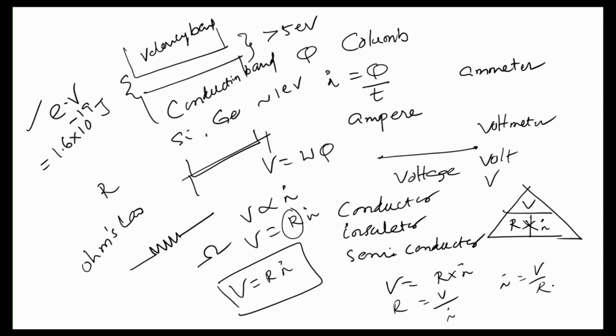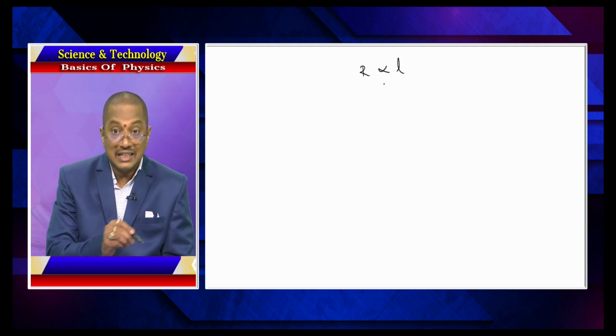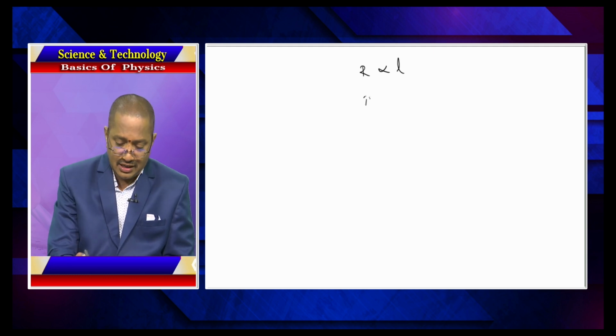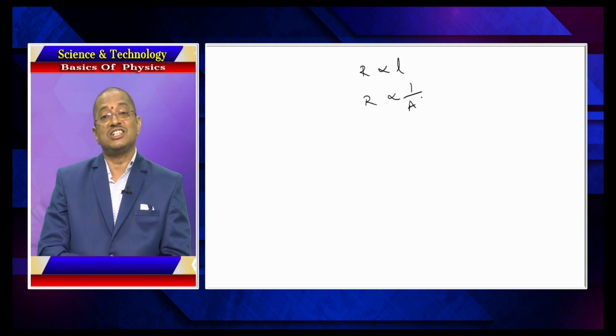The very important thing is that resistance R is directly proportional to L, the length of the conductor, and inversely proportional to the cross-sectional area.